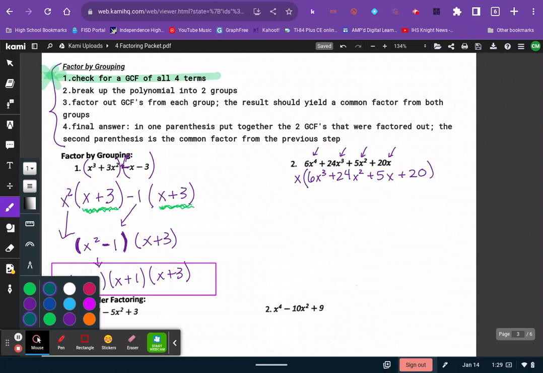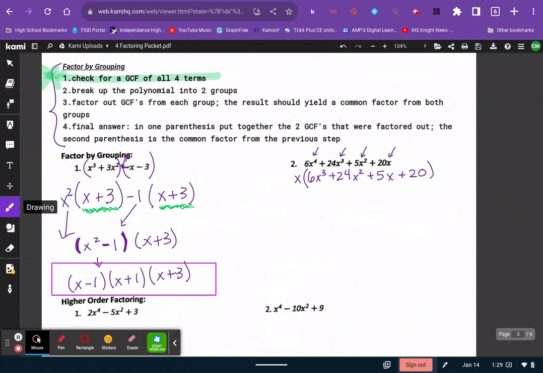Okay, glad we caught that. Now let's go ahead with our grouping. Let's pull together the first two and the last two in our groups. Now the x that we factored out, it's going to go with us in the end, so don't forget it. Make sure we remember it's here, highlight it or something so you don't forget.